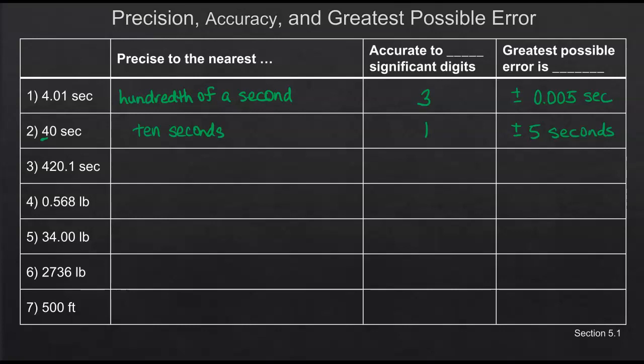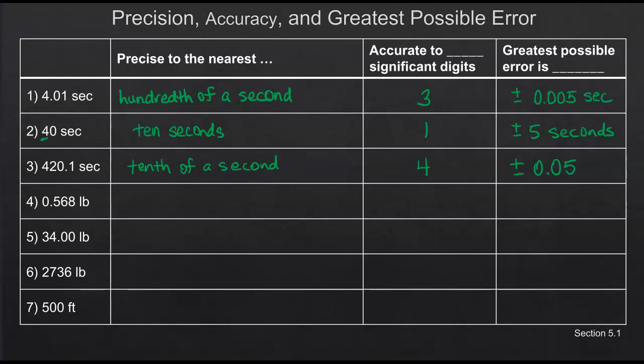This next one is to the nearest tenth of a second. It has 4 significant digits, and then it's plus or minus 0.05 because it's half of 1/10, which we talked about on the previous slide.